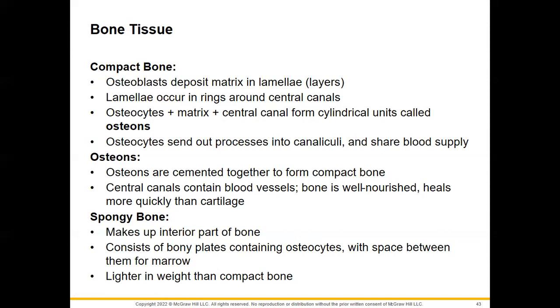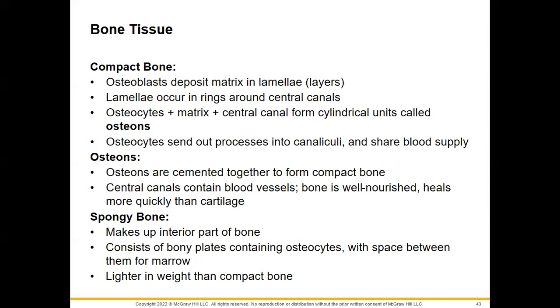These central structures are called a central canal. Inside of these central canals, you'll have things like your blood vessels, your nerves, your lymphatic vessels. So the bones are rich in blood supply. Bones are rich in nerve supply. And these nerves and blood vessels are going to be surrounded by this matrix deposited by these osteoblasts, and this matrix is going to be formed in layers, very similar to the rings of a tree.